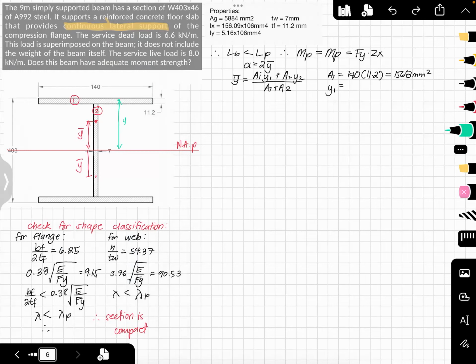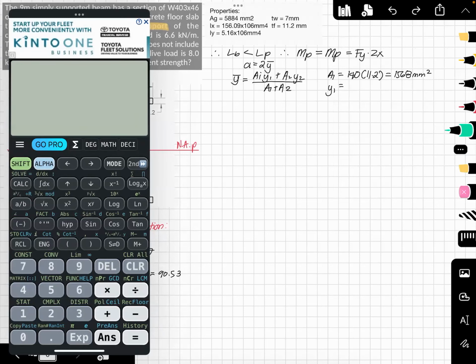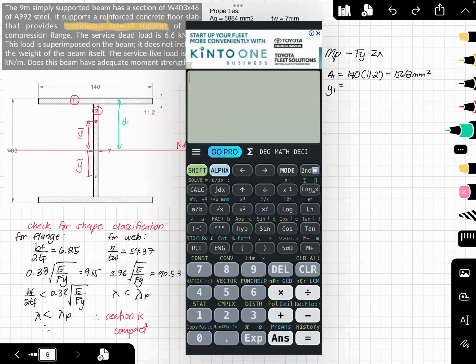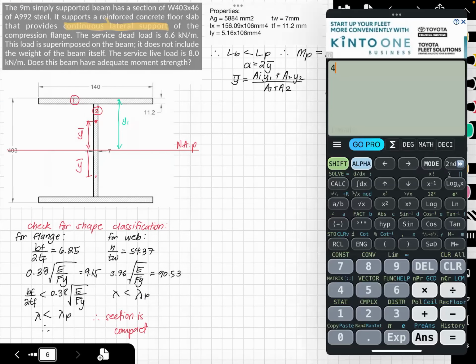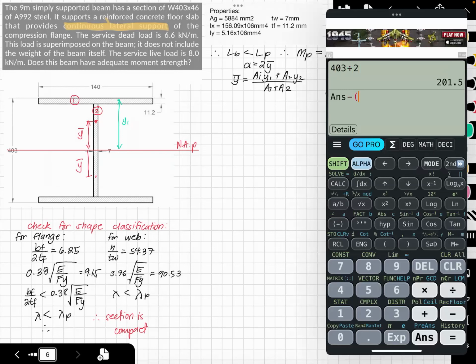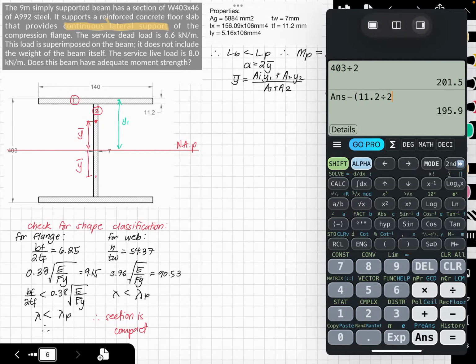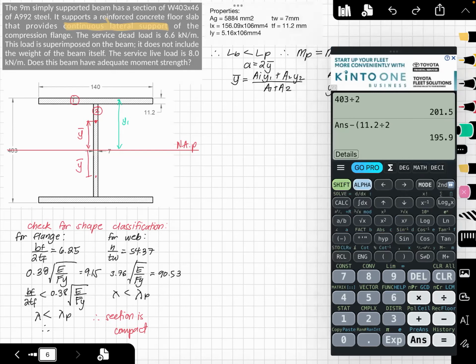So, that is just equal to 403 divided by 2 minus 11.2 divided by 2. So 195.9.